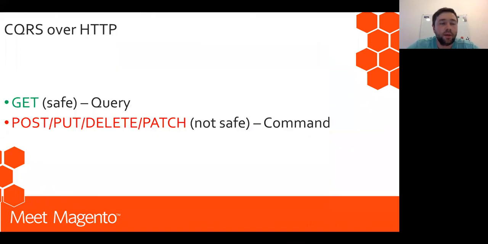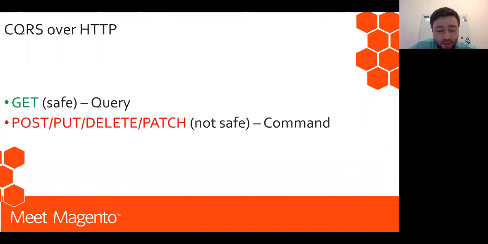And now let's consider how CQRS is applicable to a network transaction, and how CQRS could be applied over HTTP. So we have the GET safe request for query, and we have POST, PUT, DELETE, and PATCH not-safe requests for command.